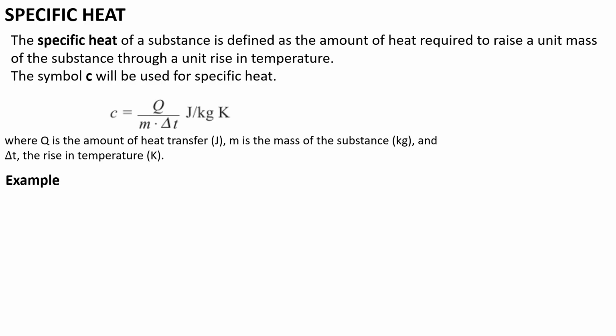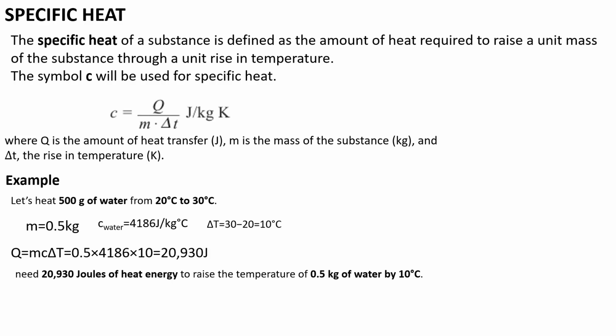Next, we discuss specific heat with one example. Let's consider we have to heat 500 grams of water from 20 degrees centigrade to 30 degrees centigrade. Here m is given as 0.5 kg, and we know the specific heat of water is 4186 joule per kg degree Celsius. The temperature rise is delta T equals 30 minus 20, which is 10 degrees centigrade.